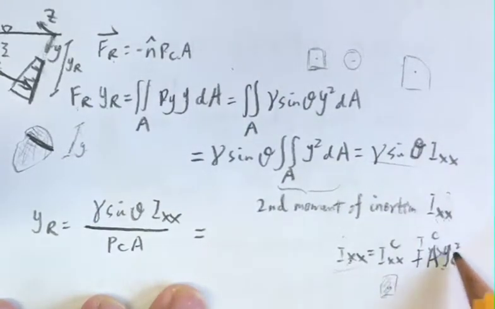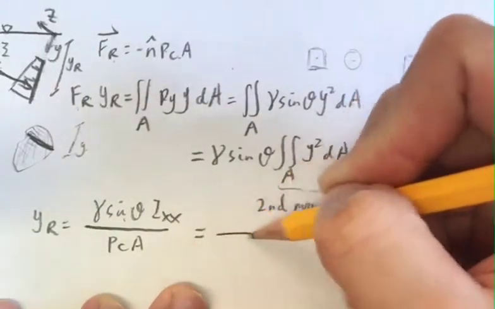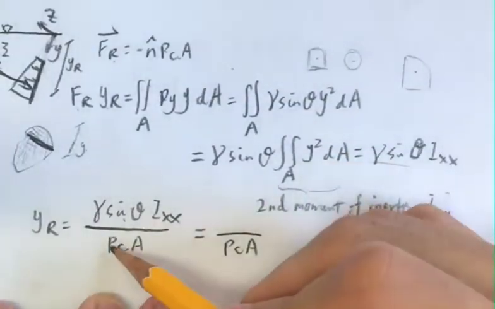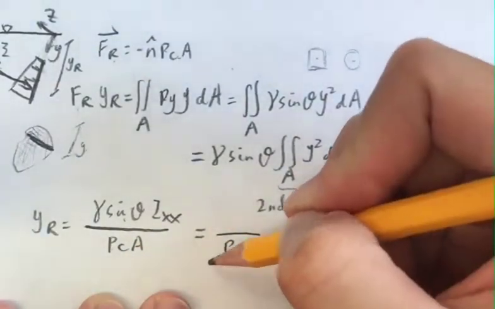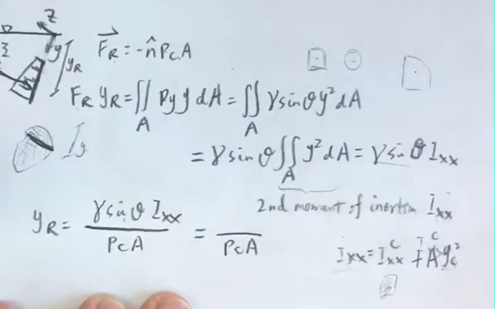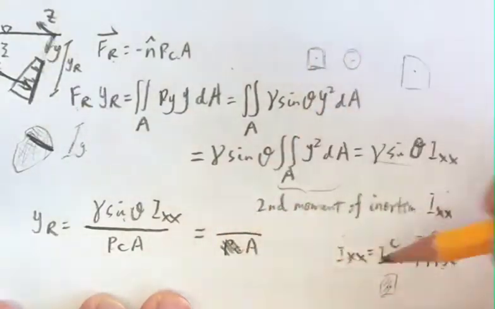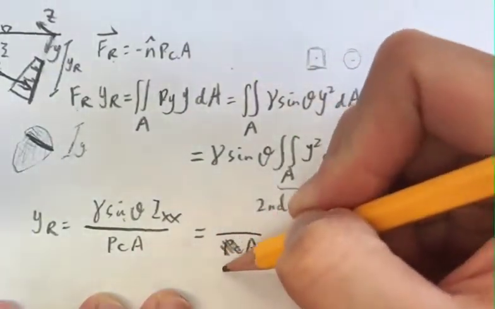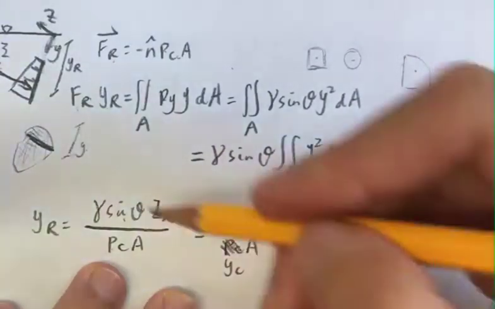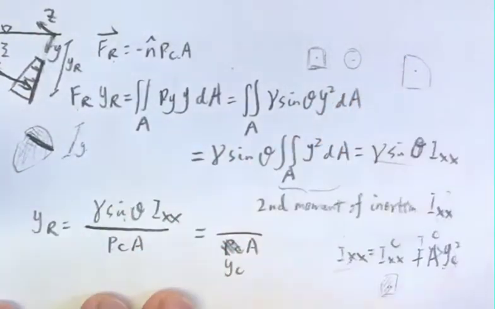So if we plug this formula into this, we get our final expression, which is PcA. Well, we know what Pc is, right? Pc is gamma sine theta Yc. I don't need to write that out, right? We have spoken about that before. So here we are left with Yc in the denominator, and here gamma sine theta cancel.